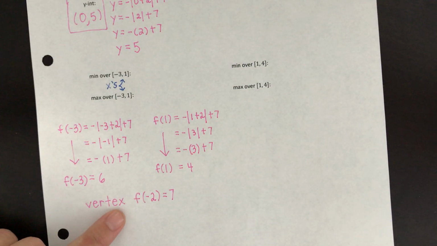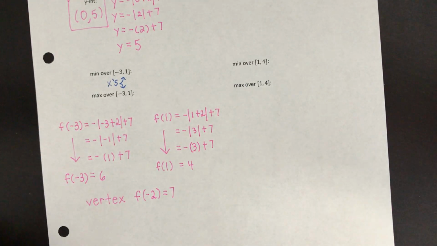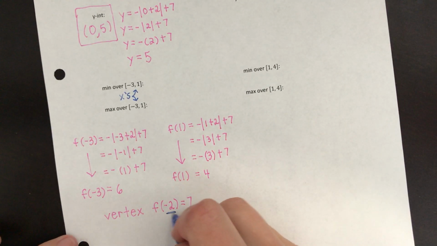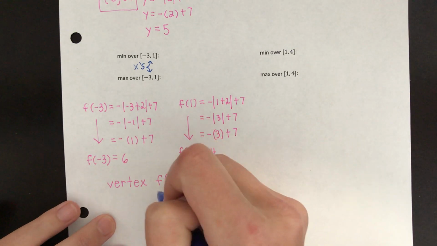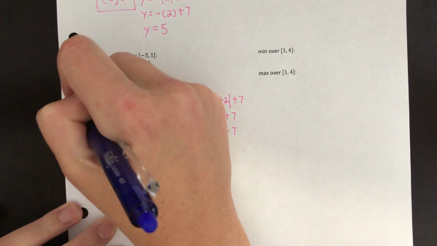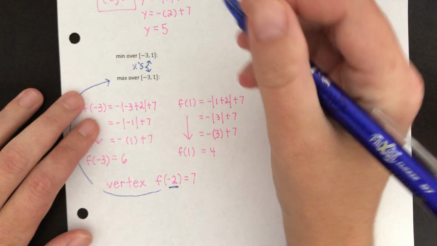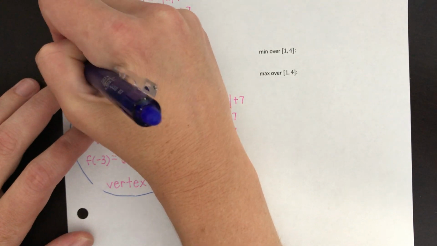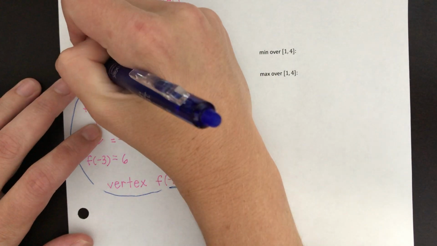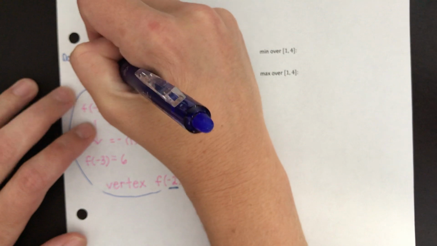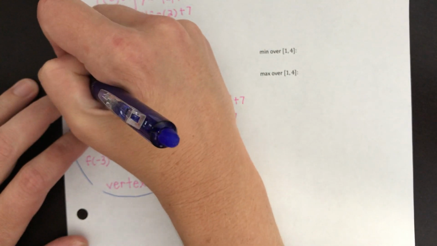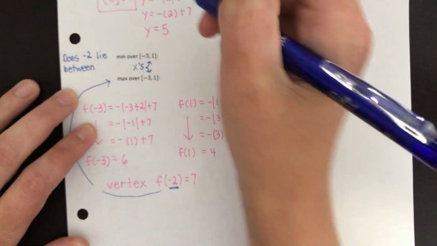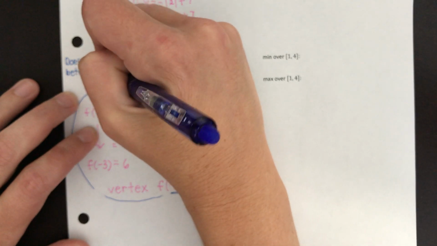Okay, so we need to know, is this vertex in the boundary? So you need to come over here and examine the x value, and you need to ask yourself a very important question. Does that x value of -2 lie between -3 and 1?